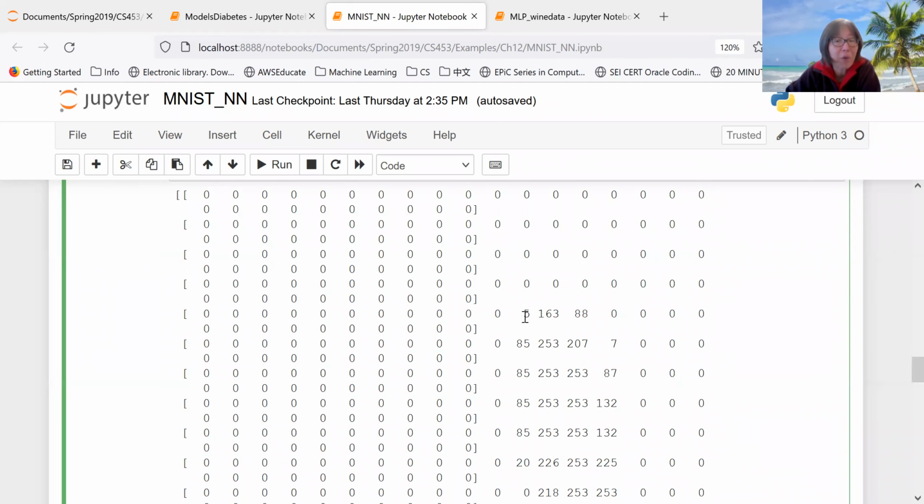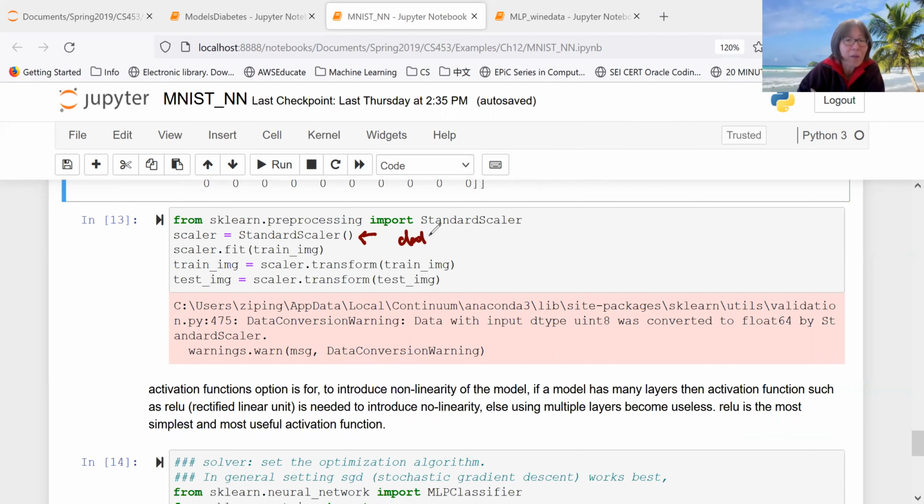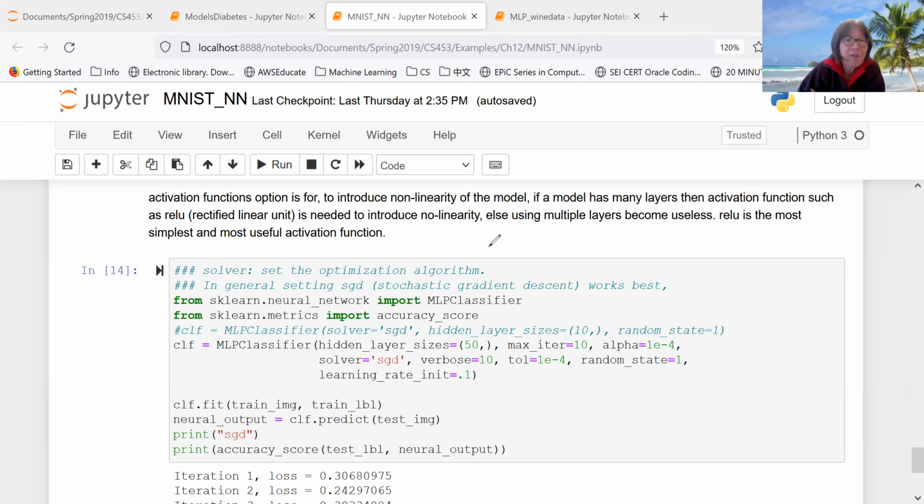So that's all regarding the image pixel values. Over here, same thing, we first do data scaling, and we choose standardization. We fit on the training data and transform the data, both for training and testing. And then what's next is similar.